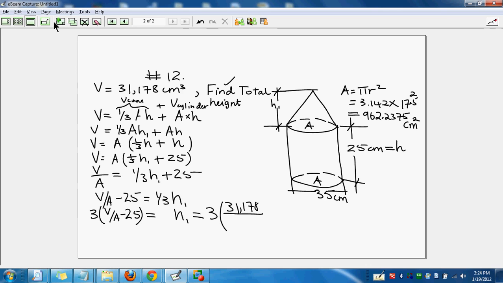Okay, so that's the area. So the area which we have in this equation here is that figure there. So we put it in, 962.2375. Okay, so that will be V over A minus 25. Minus 25. Okay, so I'm hoping that works out. Let's see what happens.